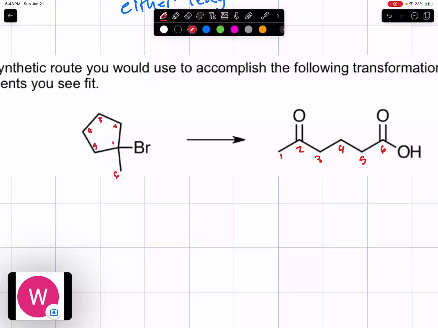Think back to chapter 8. To use this reagent, O3 and DMS, we needed to start with some kind of functional group. What was that functional group?